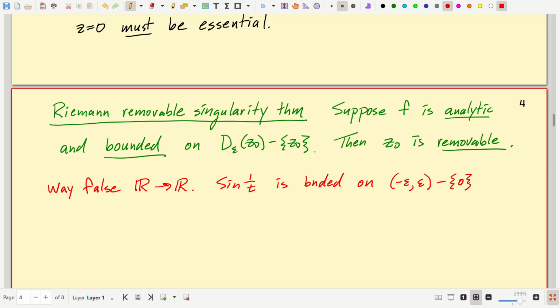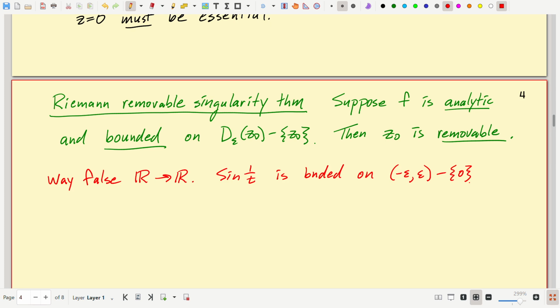But 0 certainly is not a removable singularity. It just goes totally bonkers, and you can't give it a value at 0. So it's something very special about analytic functions.